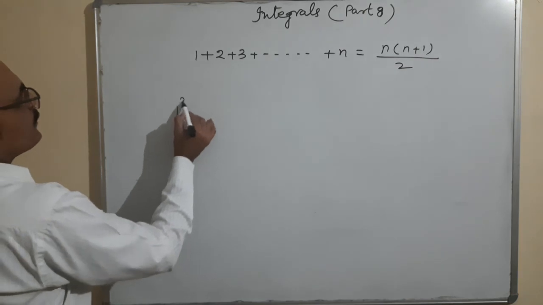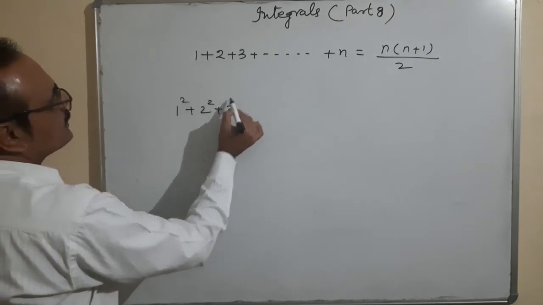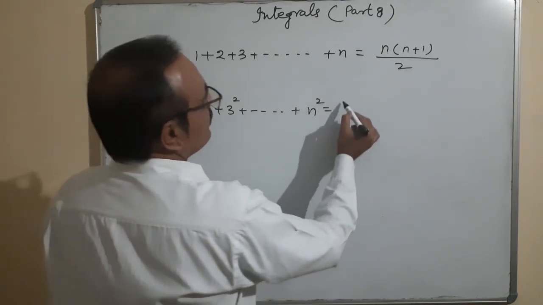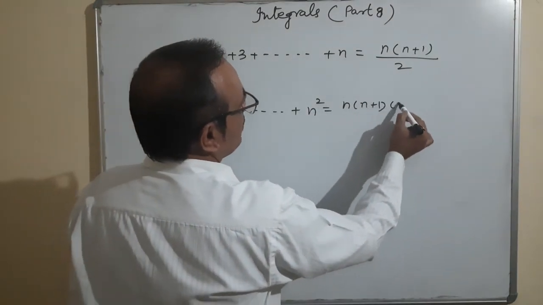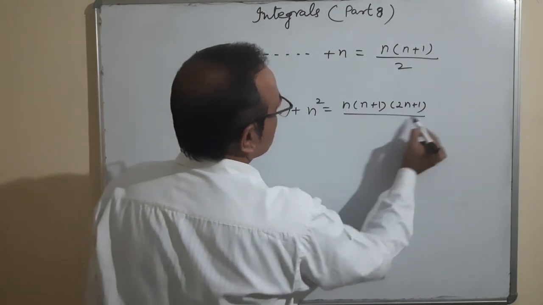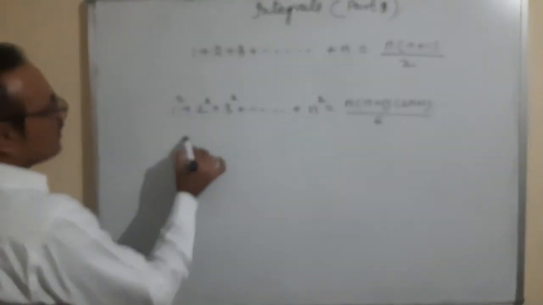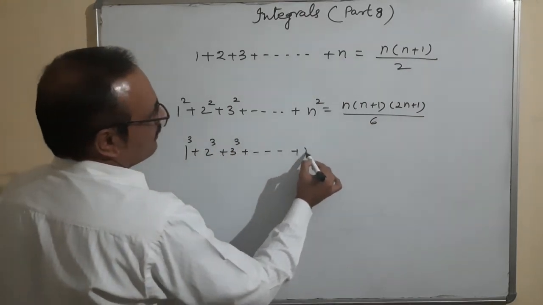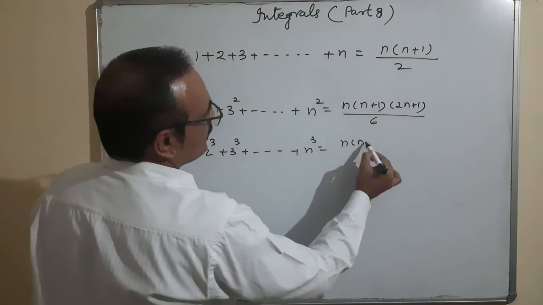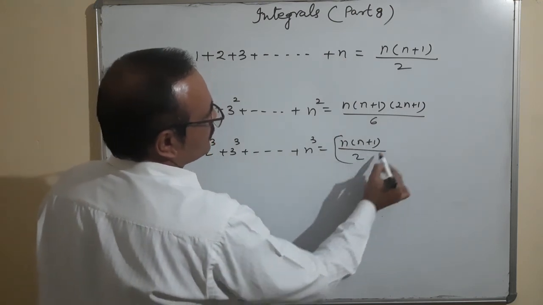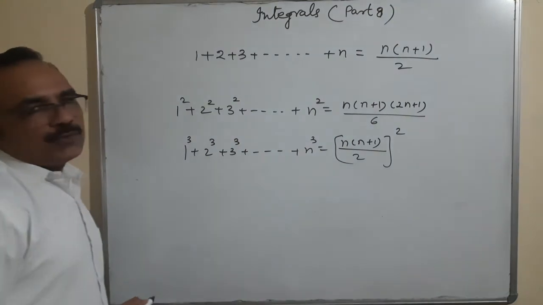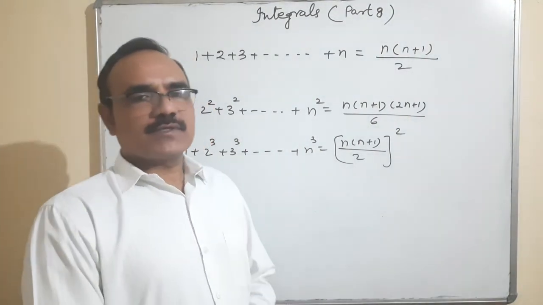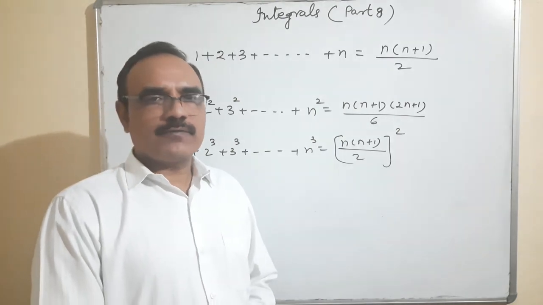Sum of squares of n terms, 1 square plus 2 square plus 3 square, as you have studied in class 11th, is equal to n into n plus 1 into 2n plus 1 upon 6. And sum of cubes of natural numbers is equal to n into n plus 1 upon 2, whole square. We have to use these three formulas: sum of n terms, sum of squares of n terms, and sum of cubes of n terms.